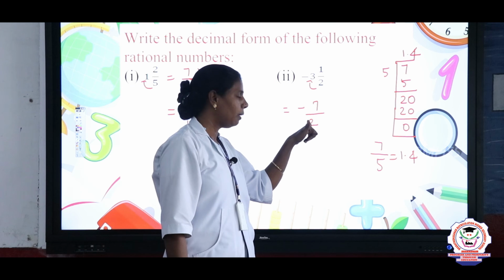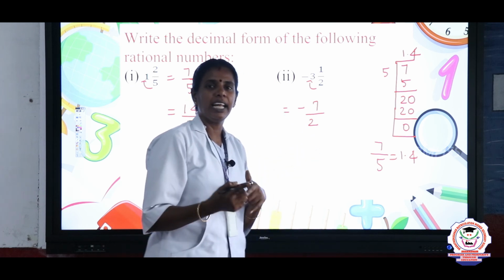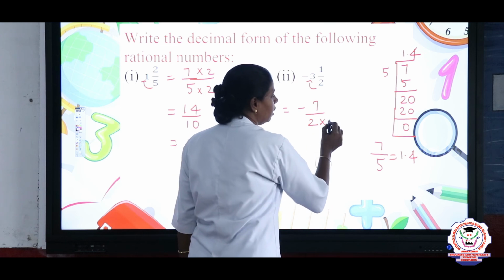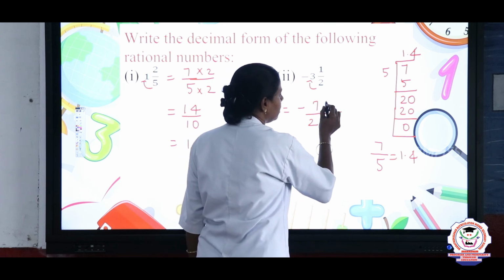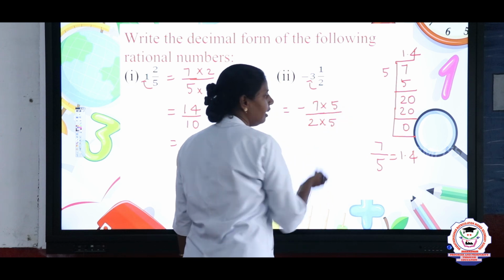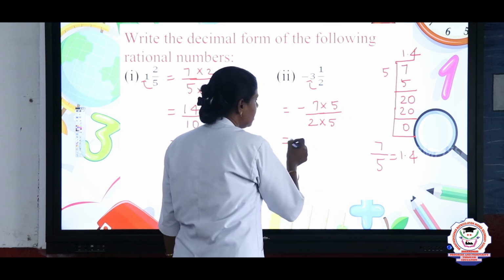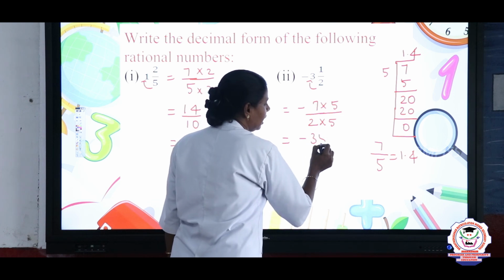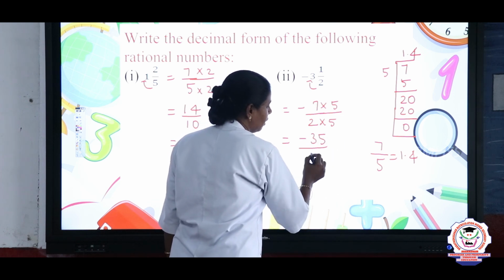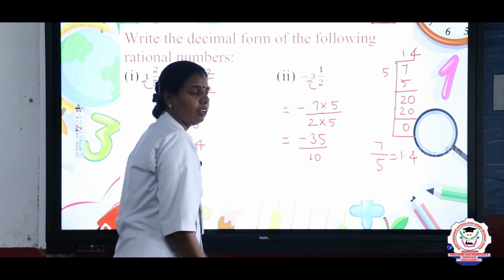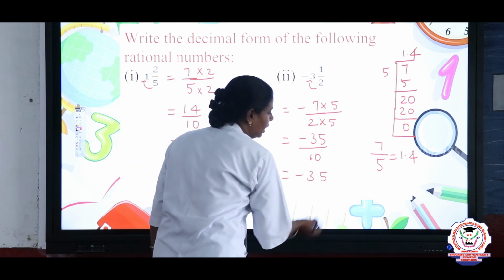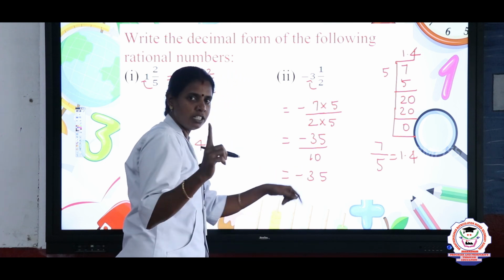So minus 7 by 2, I am going to make the denominator 10. Okay, so 2 with which number will give 10? 2 5s are 10. So here also multiply by 5. Now what will be the answer? Minus 7 5s are 35 by 2 5s are 10. Now write the numerator minus 35 and the denominator consists of 10.